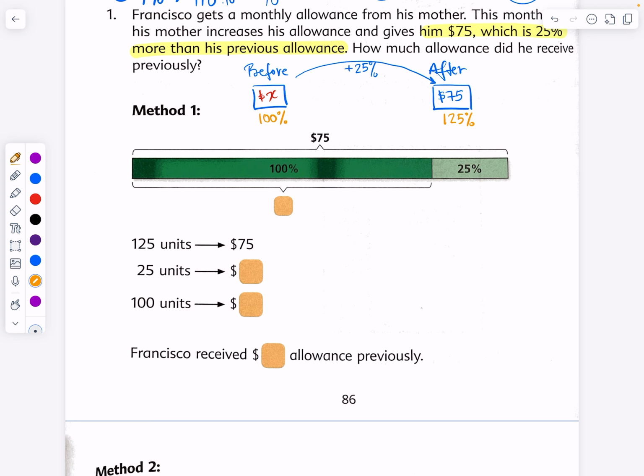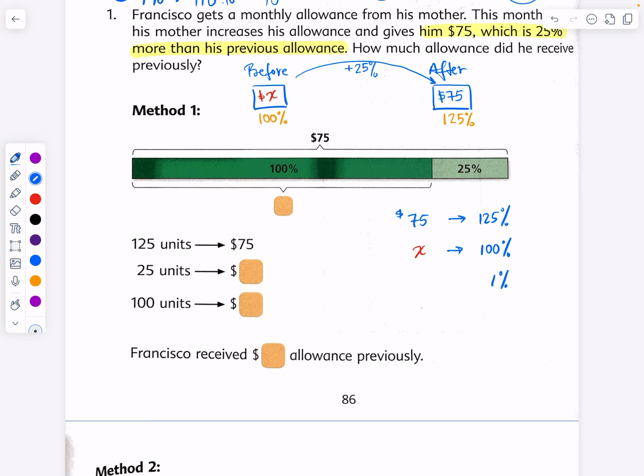How do we find the allowance he received before? Well, let's again come up with a setup of the problem. $75 is 125%. That already includes the 25% raise. Therefore, we are looking for the original amount, which was 100%. Step 1, my friends, always find 1% first.